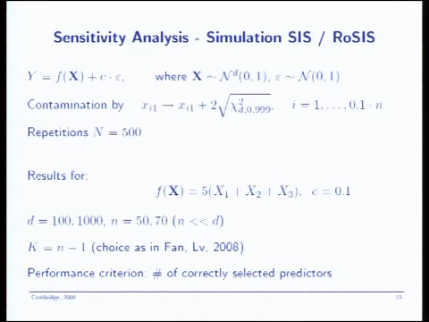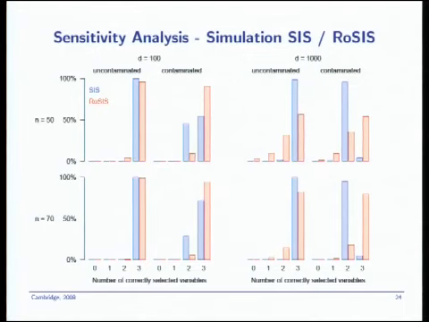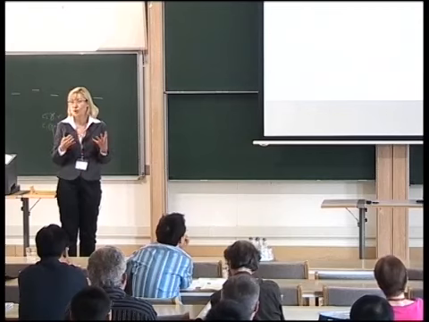Okay, so what happens? This is the result. So what does this graph show? Here is sample size 50. The lower part is sample size 70. So we are looking at the relative number of correctly selected variables, and in that situation the correct number is 3.